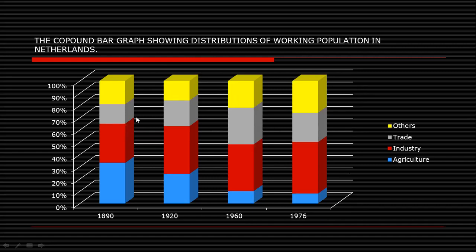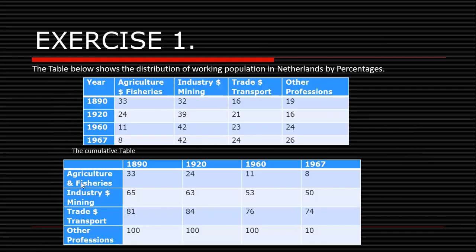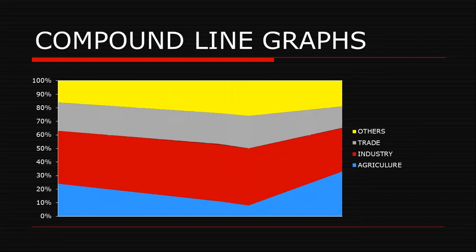Now, there are cases where you may be given the same data and asked to construct a line graph. The procedure is the same. You will still need the cumulative table. The only difference is that you will now use lines. This is how it is going to be.